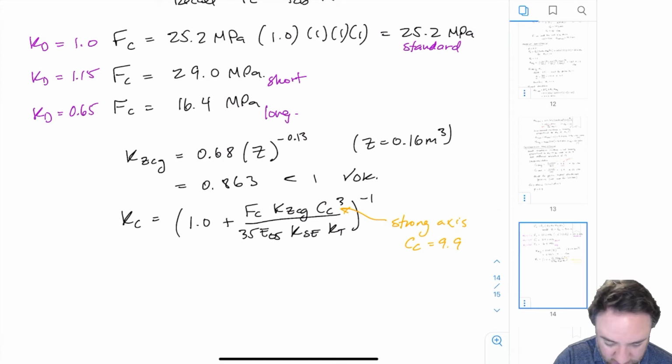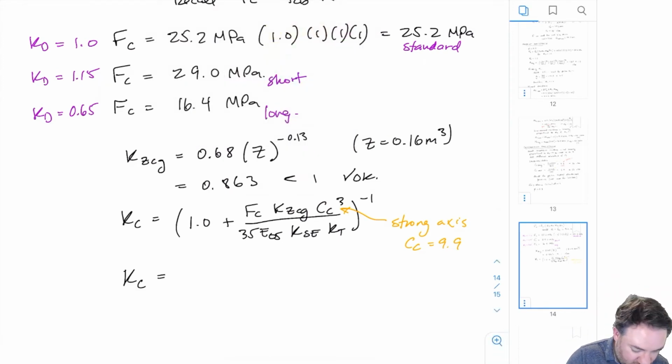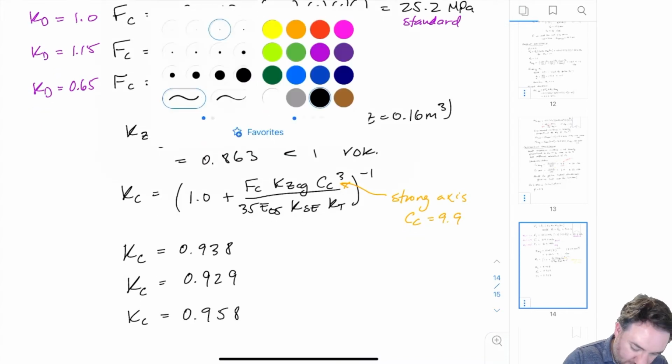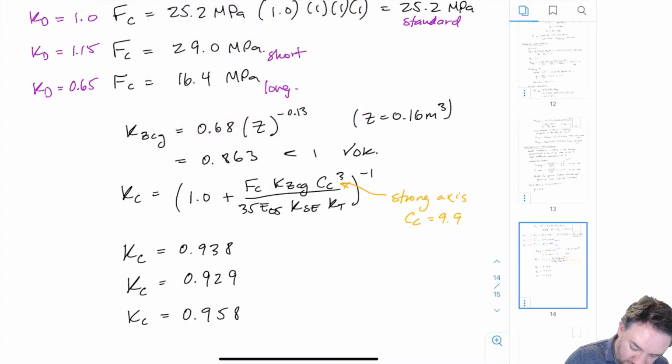So I'm just going to go ahead and give the final values of this, assuming that you've plugged them in. We have one value for standard term, one value for short term, and one value for long term. So this is K equals 1.0.